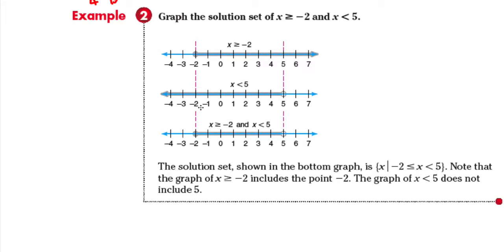So we basically just brought down the closed dot, and we brought down the open dot, and copy the line in between. Okay, so that is the intersection of the graphs x is greater than or equal to -2 and x is less than 5. And take note of this, the word and will always represent intersection.